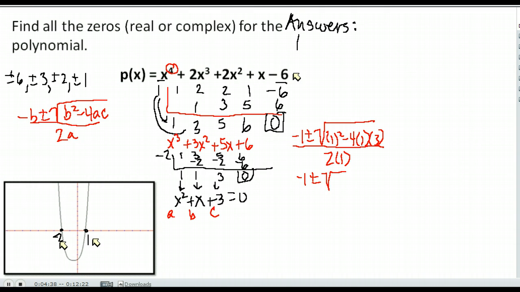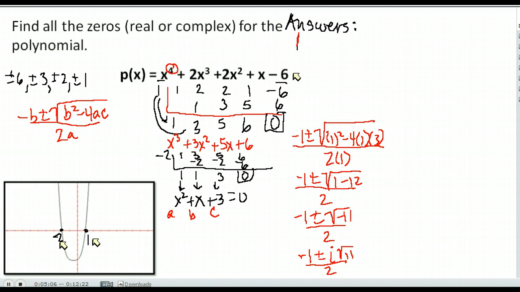We have negative 1 plus or minus the square root of 1 minus 12 all over 2, which gives us negative 1 plus or minus the square root of negative 11 over 2. We can see that we have a complex number here, or an imaginary number, because of the negative root. Simplified, remember anytime you have a negative root, you write it as i, root 11 in this case, all over 2. So there are my answers.